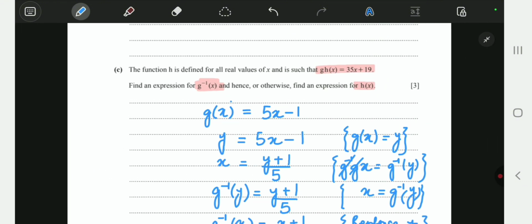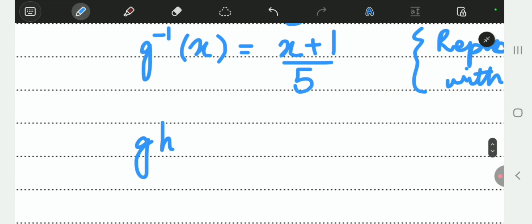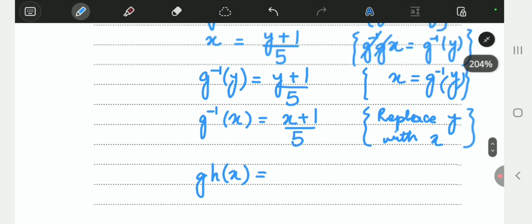Now the second thing that they have given you is gh of x, and we have to find h of x. So gh of x is 35x plus 19.